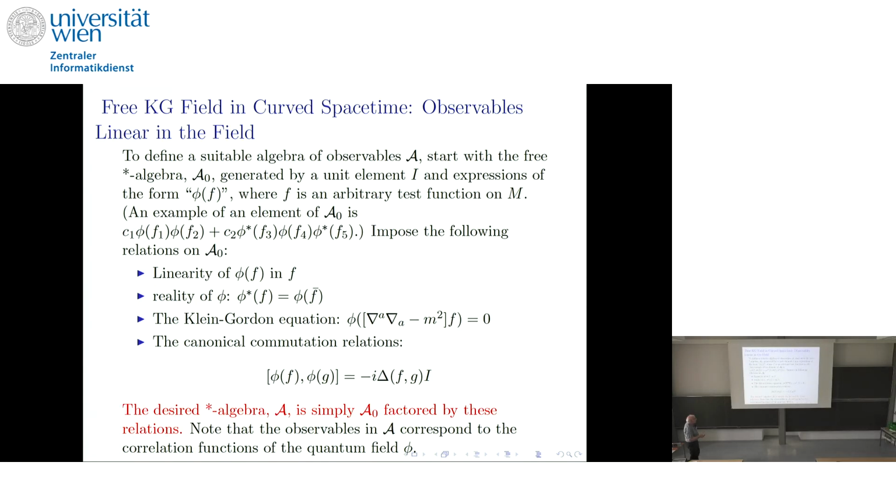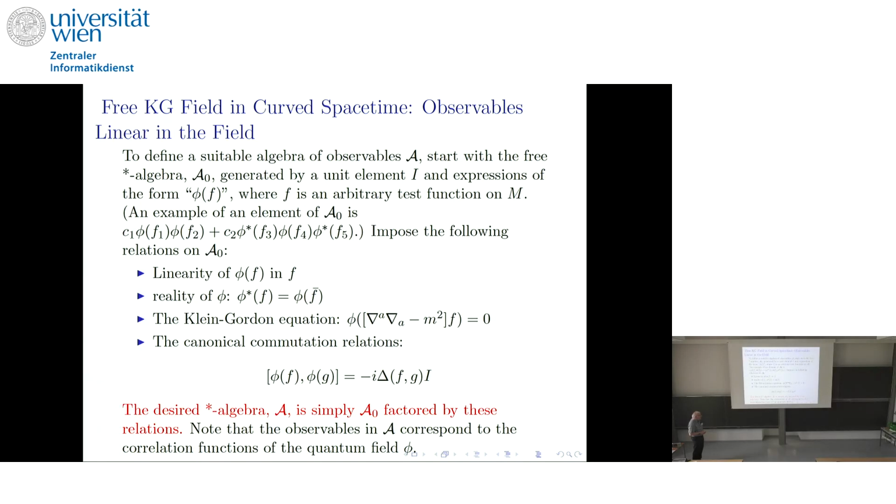Then we want the field to distributionally satisfy the Klein-Gordon equation. And finally, we want the canonical commutation relations to hold. This is just the space-time version of the canonical commutation relations that you would get if you wrote the classical theory in a kind of phase space formulation.